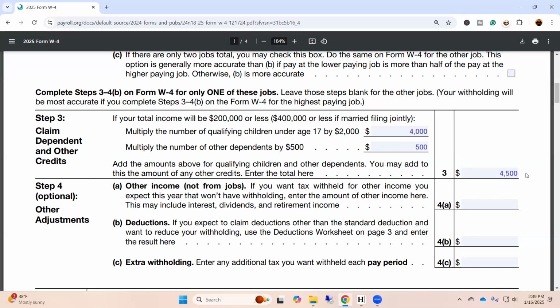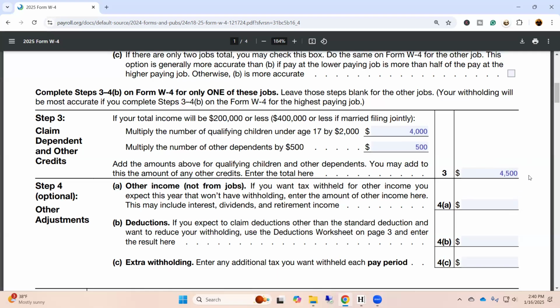So what the IRS does is they take that into account, and instead of withholding for you, they've already figured that your credit is going to be higher than your tax liability. So if you are head of household and you're in a situation where you're making $40,000 to $50,000, if the IRS isn't withholding that much, it's okay because what they're doing is already factoring in your child tax credit for you.